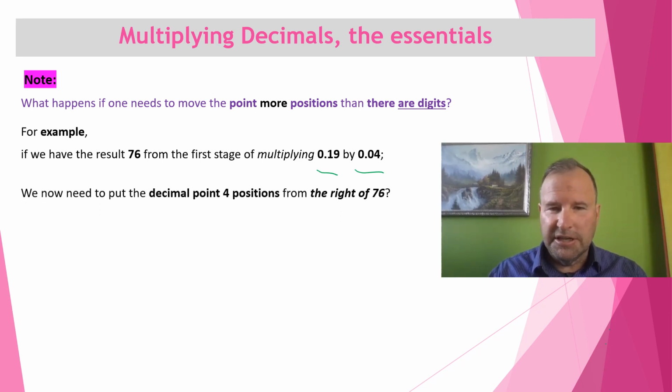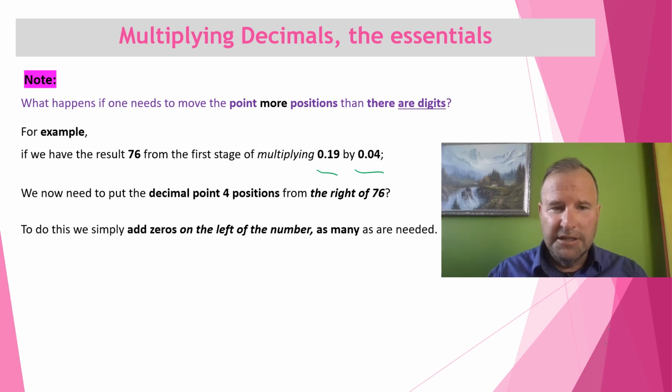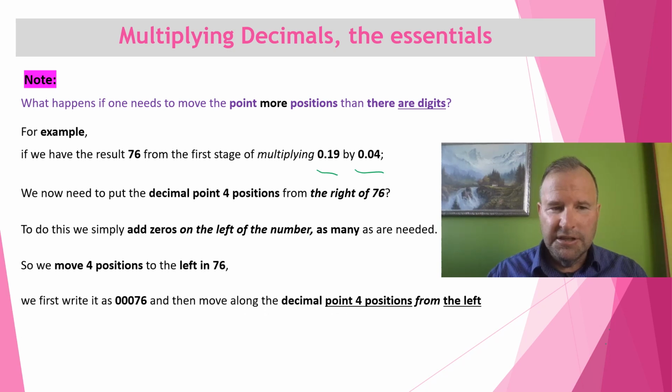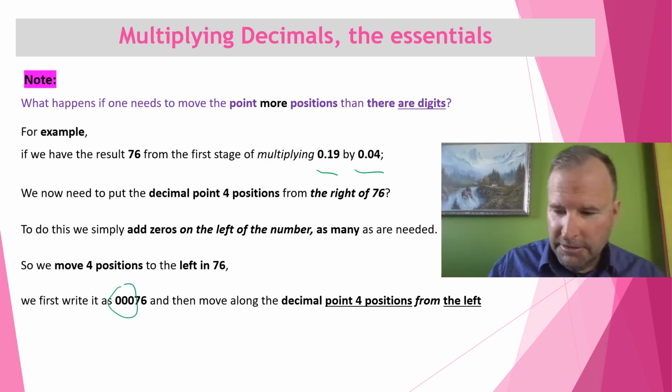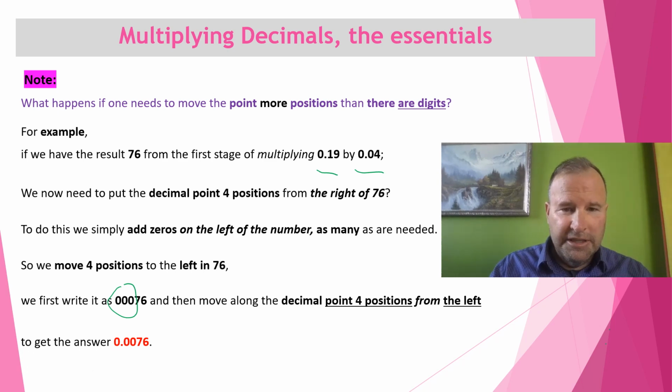So we need to add some zeros to the left of the number. Now it depends on how many you need on the number of decimal points. So if we move 4 positions to the left from 76, we first write in 4 positions from the left. I put in 3 zeros here, and then we get the answer.